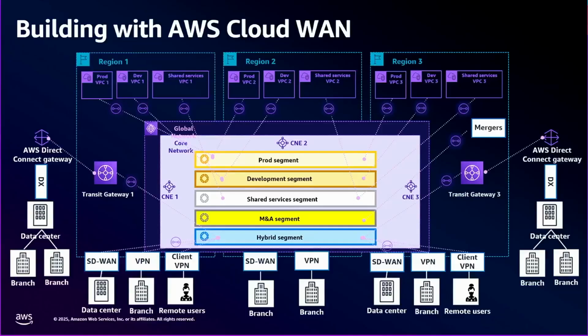When I want to go from region 1 to region 2, for example, I have a production segment, I have a development segment, I have shared services, and so on, I need to make sure that I inspect the traffic between these segments. Even when I'm within the same segments, I also need to inspect the traffic between them. So it's a lot of things to talk about, right? I need to be able to deploy security policies with it. And we spoke about all this topology and how I connect all these pieces together using Cloud WAN. And this is the beauty of it.